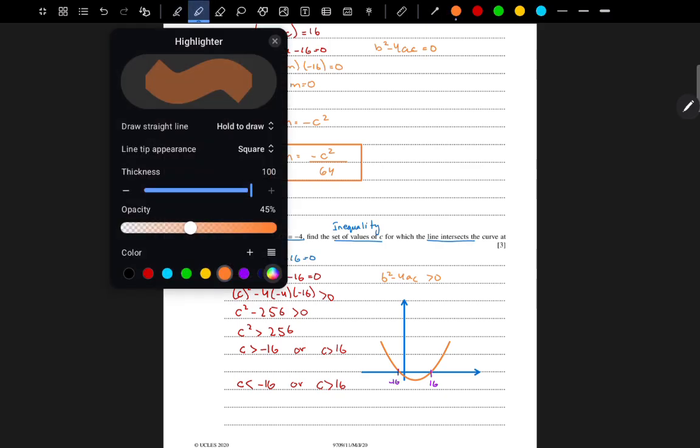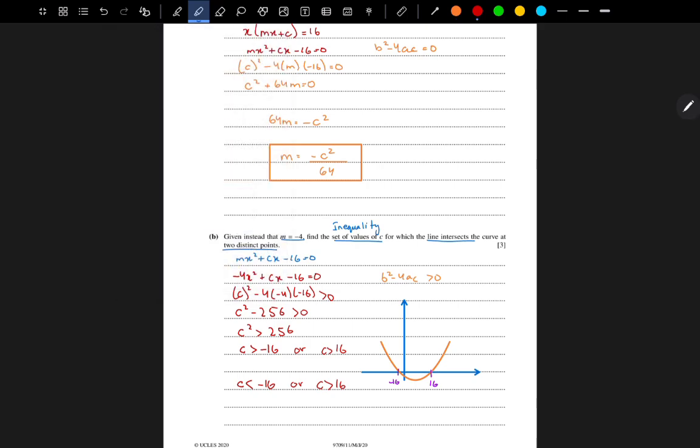So we need to find the part of the curve where the equation is greater than 0, which means the curve lies above the line y = 0, which is this line. You can clearly see that it is this part of the curve. So we can highlight it so that we can remember.